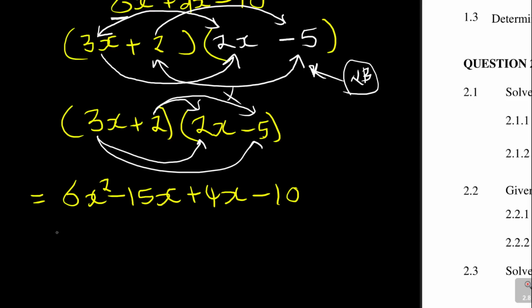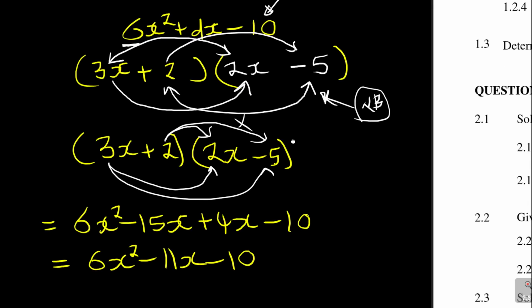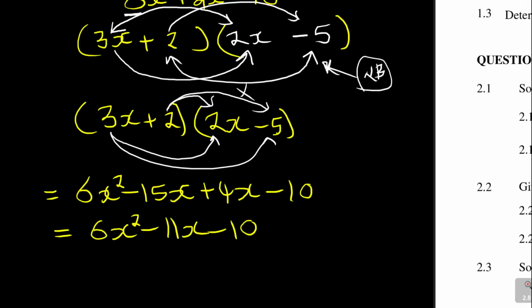So I've got 6x squared, then minus 15 plus this is negative 11x minus 10. You see? So if I bring in what they said here, it must be 6x squared plus dx minus 10.